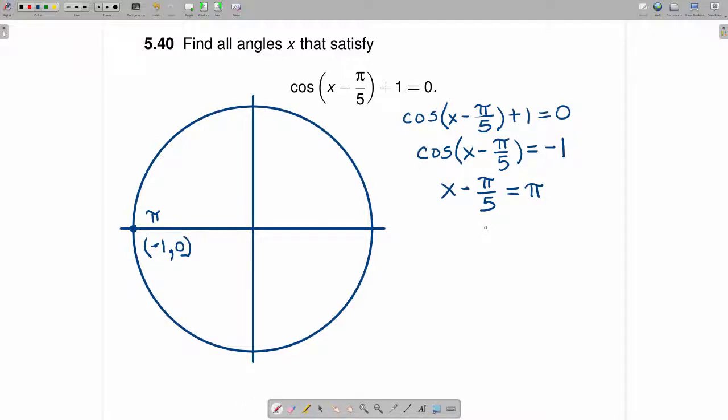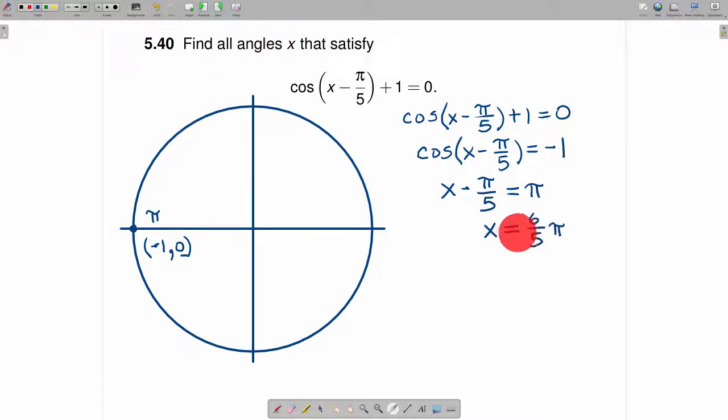When you add pi over 5 to the left-hand side, you just get x. When you add pi over 5 to the right-hand side, you get 6/5 pi.